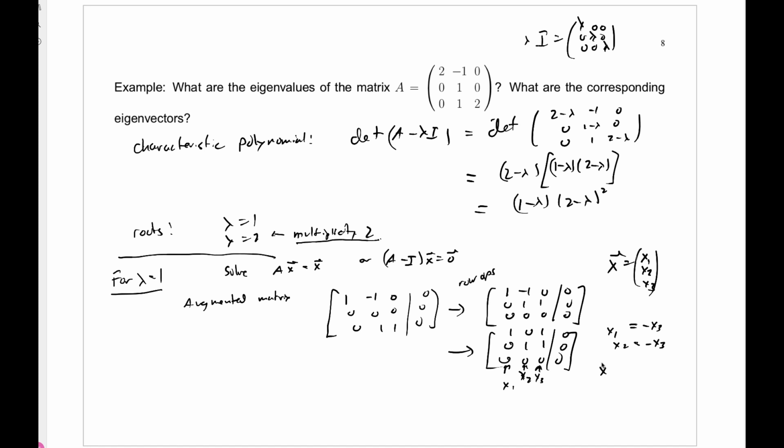So the vector x, which is the vector x1, x2, x3, can be written like minus x3, that's x1, minus x3, that's x2, and x3, which is just, if I factor out x3, x3 times the vector minus 1, minus 1, 1.